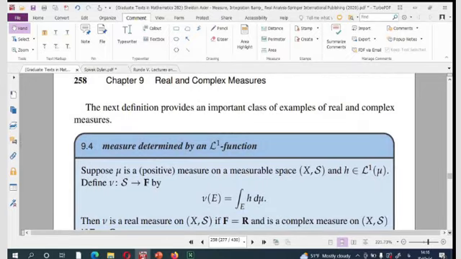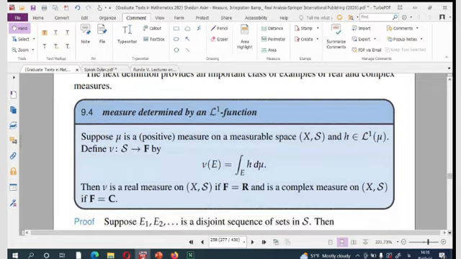Let me remove this proof for you, and we have this proposition: measure determined by an L1 function.